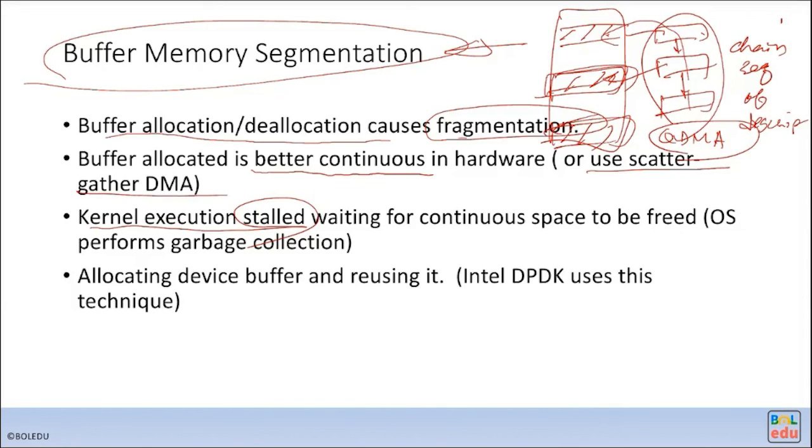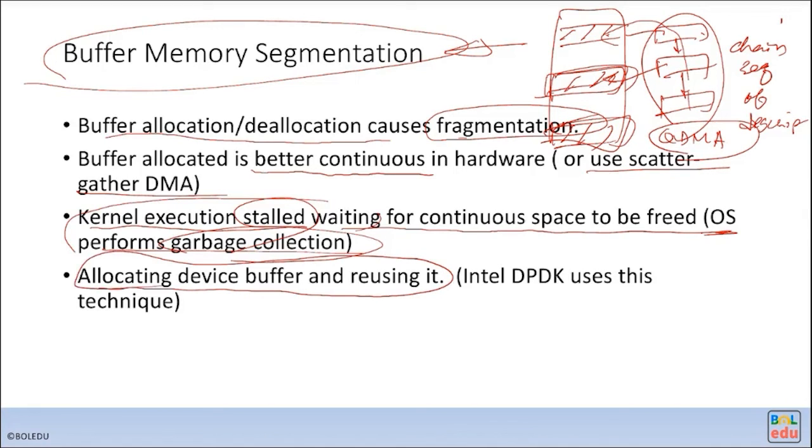In that case, sometimes it's because it is waiting for continuous space to be freed by the OS, and the OS doing garbage collection is very time consuming. So if you observe this situation, you need to allocate the device buffer and reuse it. You don't want to always do the memory management and garbage collection.